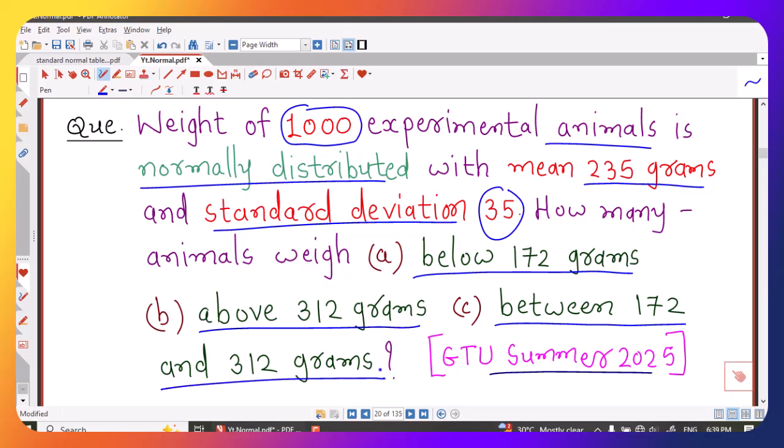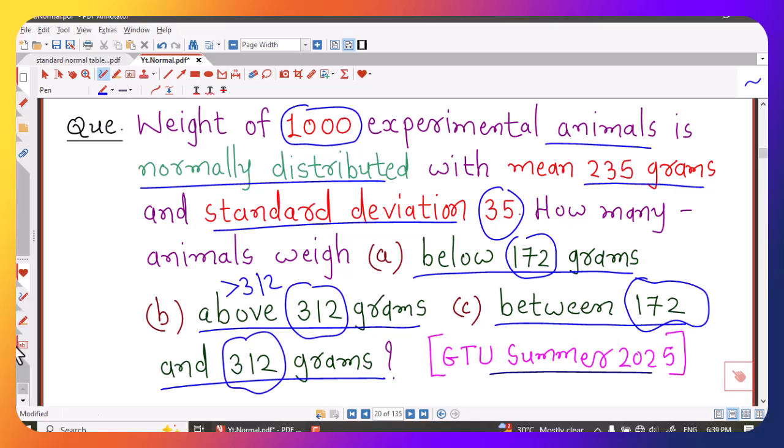That is, we have to determine the number of elements whose weight is below this number 172. We have to find out the number of elements whose weight is above 312 grams, that is greater than 312 grams, and we have to determine the number of elements whose weight is in this interval 172 to 312 grams.